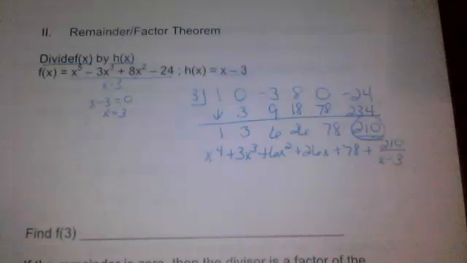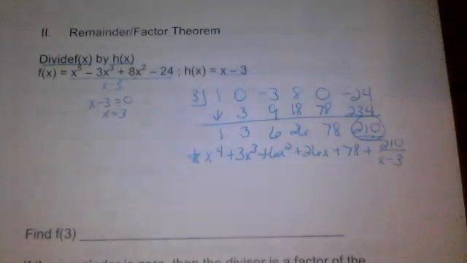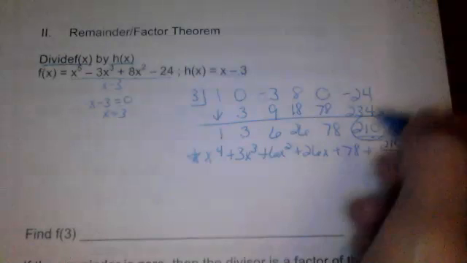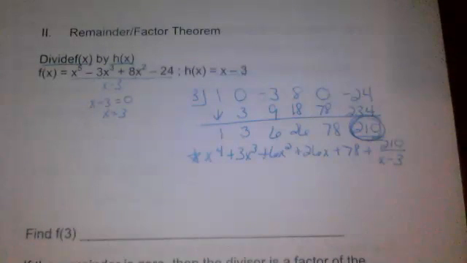Now, in some instances, this is what they want. They want to know what was the answer. What do you get? But the answer itself also holds another little piece of information that's sometimes helpful when you're trying to talk about solutions or graphs of these functions.